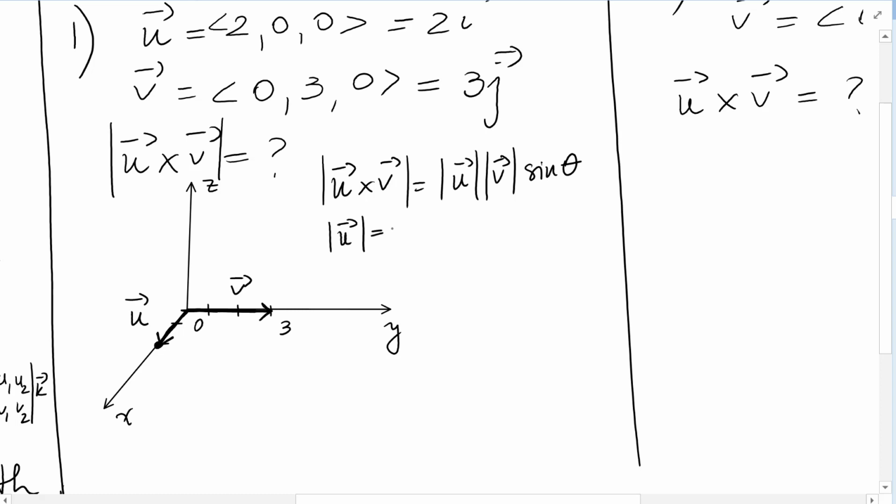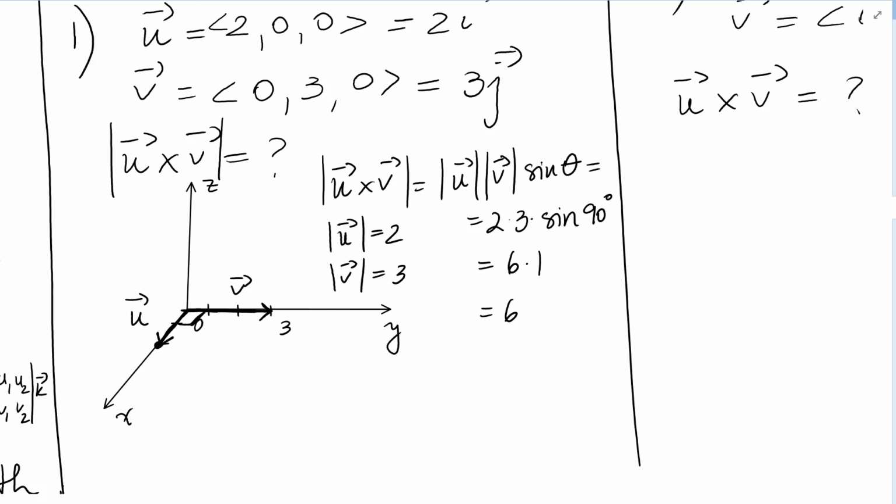The magnitude of u is 2, the magnitude of v is 3, so we get 2 times 3 times sine of theta. The angle between these two is the angle between the x-axis and the y-axis, so it's 90 degrees, so sine of 90 degrees is 1. We end up with 6. So the magnitude of the cross product is 6.